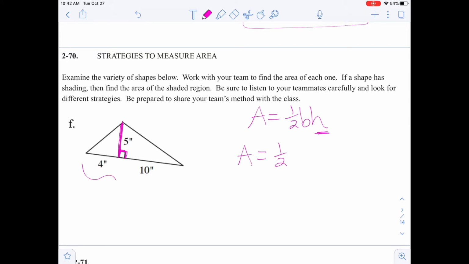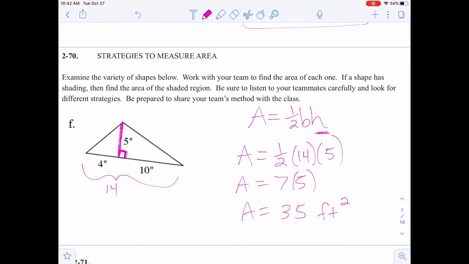Half your base is the entire length of your bottom here. So 4 plus 10 would give us a base of 14, times your height of 5. Once again, half of 14 is 7, times 5, which gives us an area of 35 feet squared.